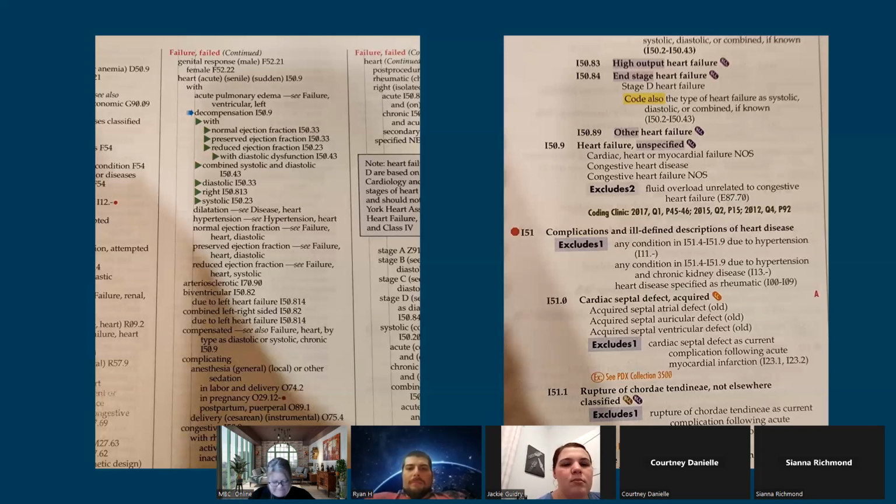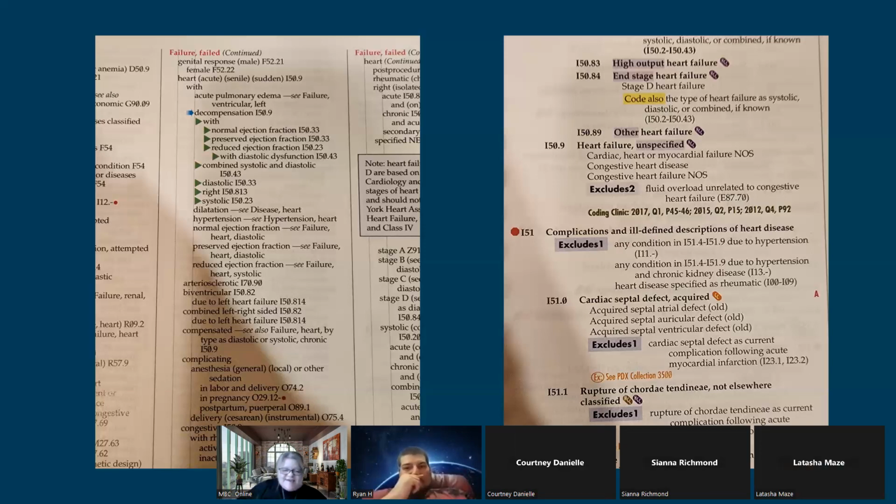I'm not seeing the I50 on that page. Oh, maybe we have a different book. It says at the top of the book, see, but that's what I've gotten written. Is this the new one? Just read exactly the page you have on the screen.